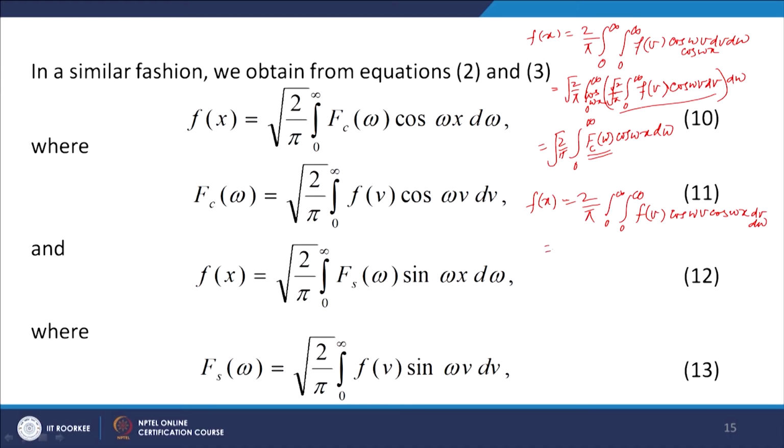In a similar manner I can write it as root 2 over pi, integral 0 to infinity, F s omega sin omega x d omega, where F s omega is given by root 2 over pi, integral 0 to infinity f(b) sin omega b db. F s omega means Fourier sine transform. So this is the Fourier cosine transform, this is the inversion formula for the Fourier cosine transform, this is the Fourier sine transform, and this is the inversion formula for the Fourier sine transform.